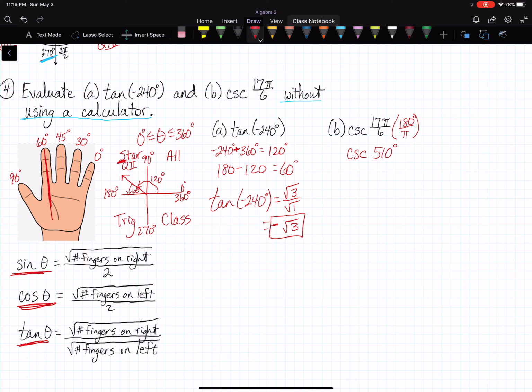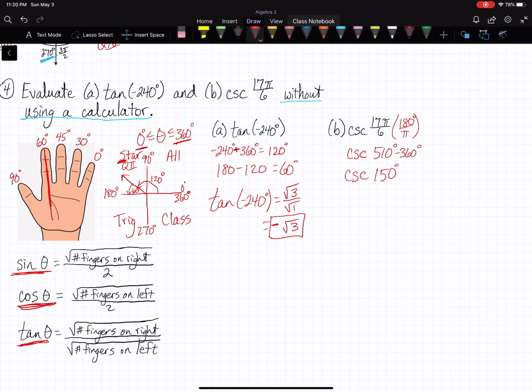Now, is 510 between 0 and 360? It is not. So we need to subtract 360 from that. So basically, we're going to be taking the cosecant of 510 minus 360, which is 150 degrees. And now we figure out, all right, what quadrant is 150 degrees in? 150 degrees would also be in quadrant 2.